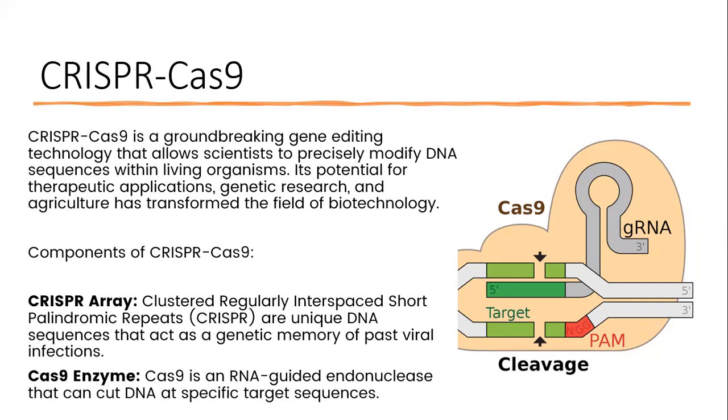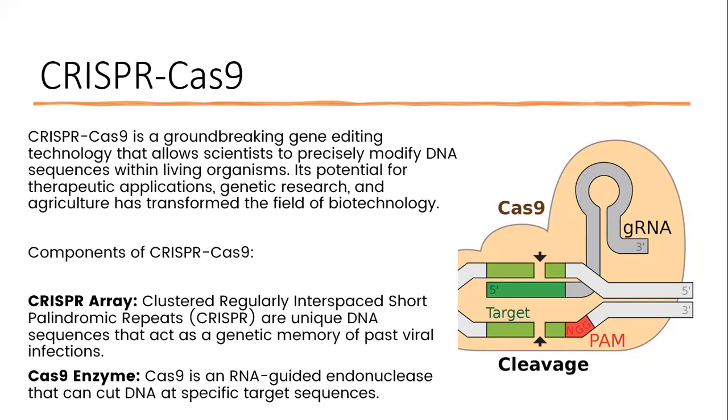So CRISPR-Cas9 is a groundbreaking gene editing technology that allows scientists to precisely modify DNA sequences within living organisms. Its potential for therapeutic application, genetic research, and agriculture has transformed the field of biotechnology. And CRISPR is not complicated in the sense of what it's made up of. It has a CRISPR array, which is a clustered regularly interspaced short palindromic repeat, or CRISPR for short.